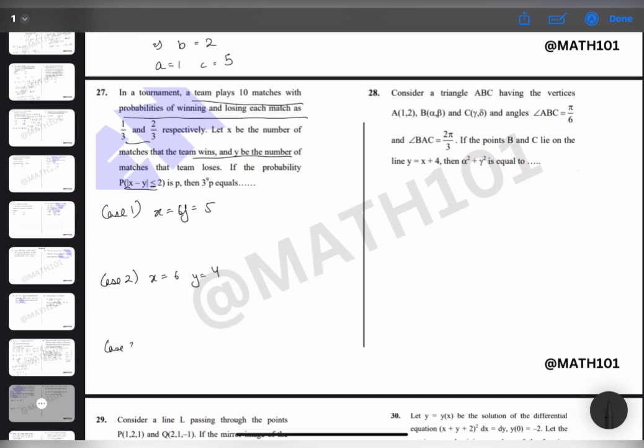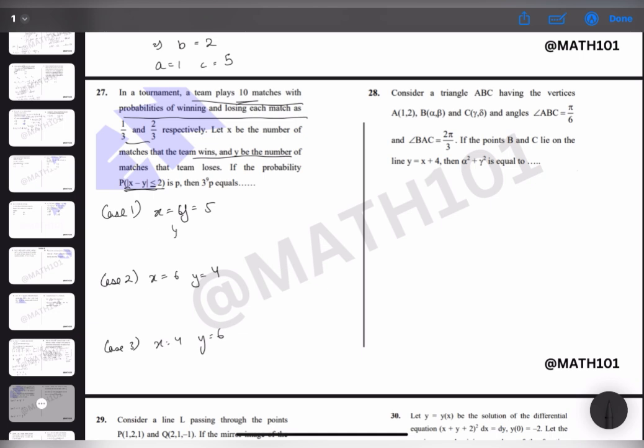And case 3, X equals 4, Y equals 6. We cannot have any other cases because X and Y are both natural numbers and their sum is 10, and we need the absolute difference to be less than or equal to 2. So it can be 0, or it can be 2, and it can be 2 only in case 2 and case 3.